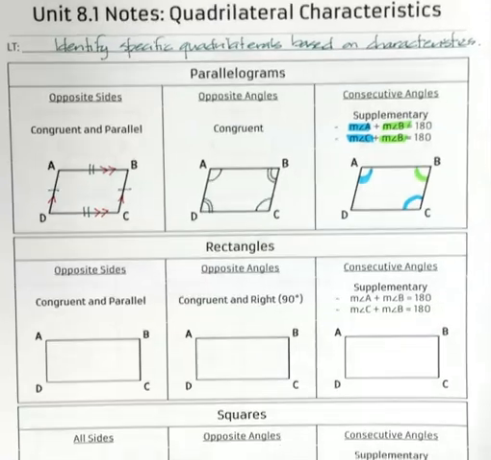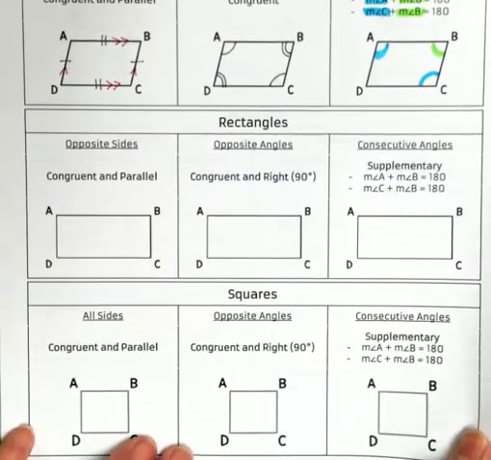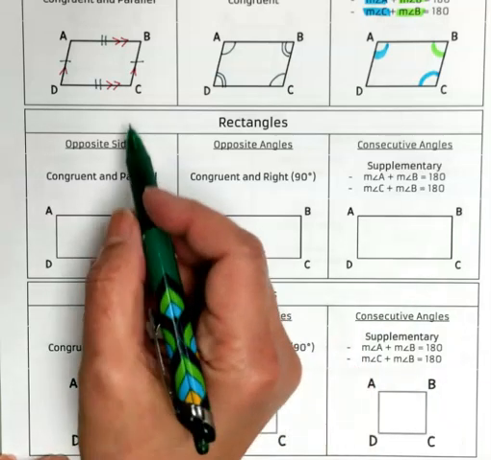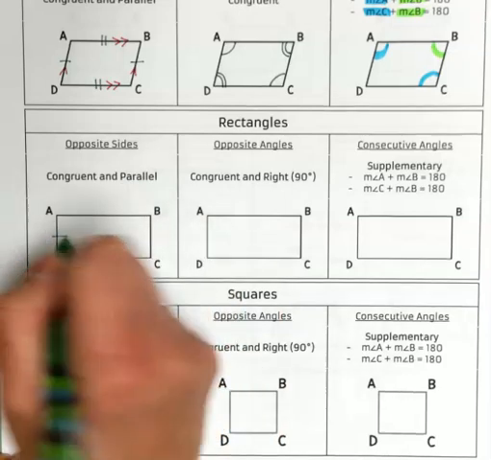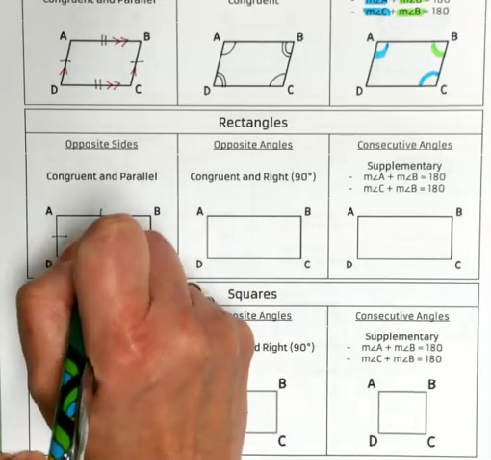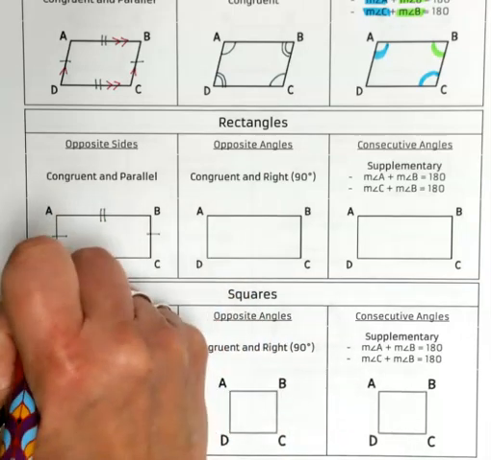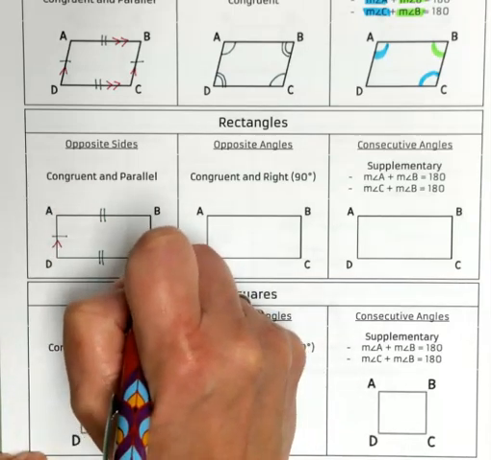So now we're going to move down to rectangles. Rectangles are a subgroup of parallelograms in that, just like parallelograms, your opposite sides are congruent and parallel.